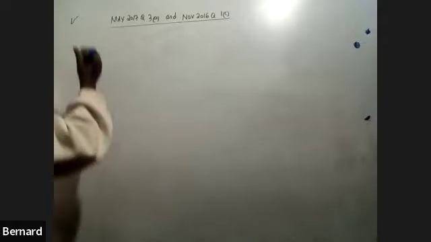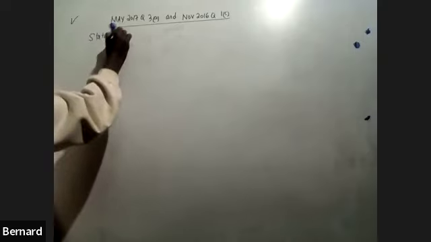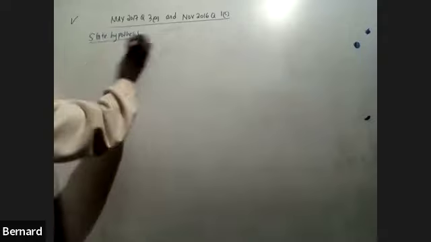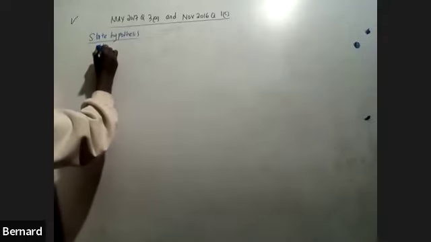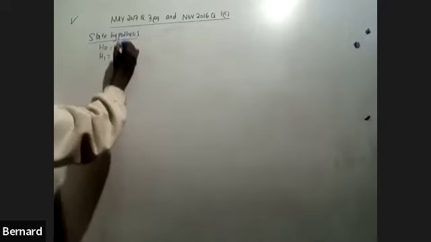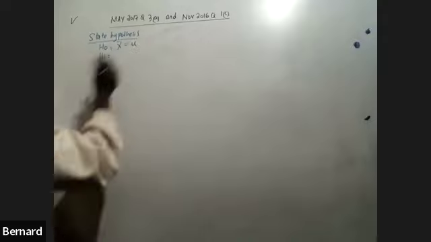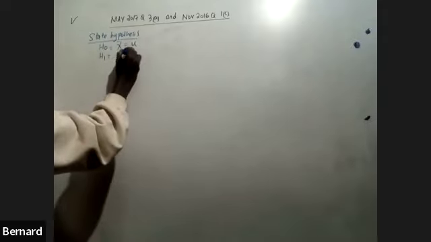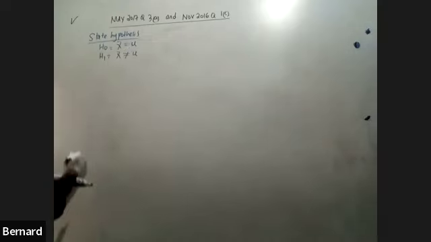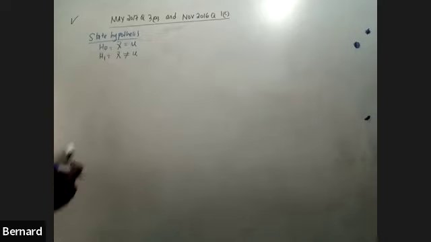So number 1, you state the hypothesis, H0 and H1. H0, the population mean equals the sample mean, H1, the population mean is not equal to the sample mean.